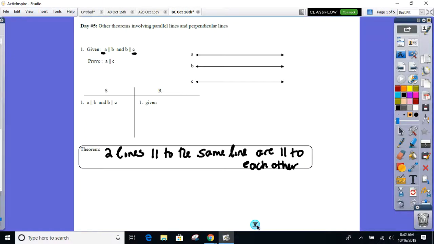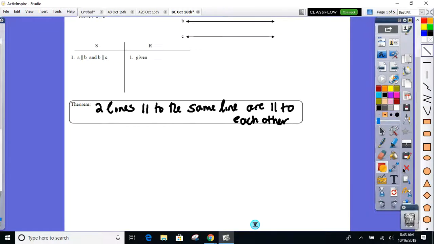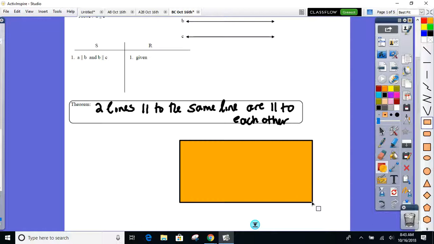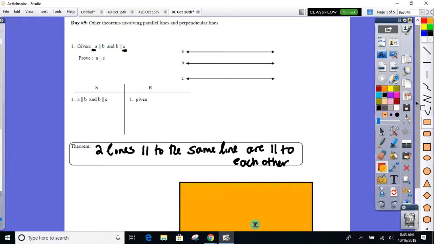So here's what I'd like you to do right now. On your index card, on the front, please write those two givens that I gave you.